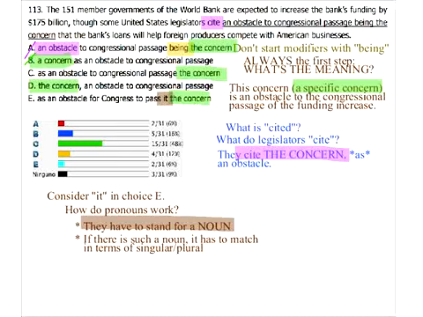What is the it in this sentence? In other words, what is Congress, I mean, to pass it? So what is supposed to be passed?